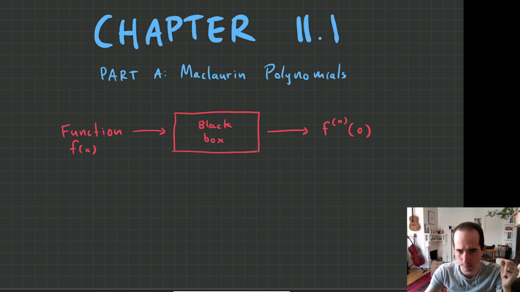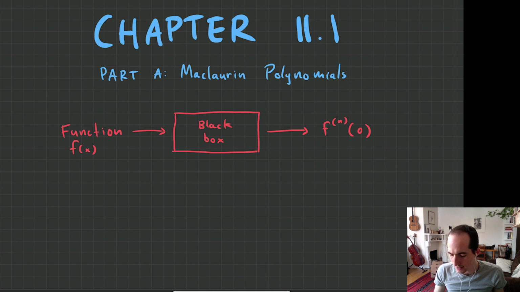So the idea of this black box is that we can take any function that we want and feed it into the black box, and the black box is going to spit something out. It's like a computer, so it has an input and an output.